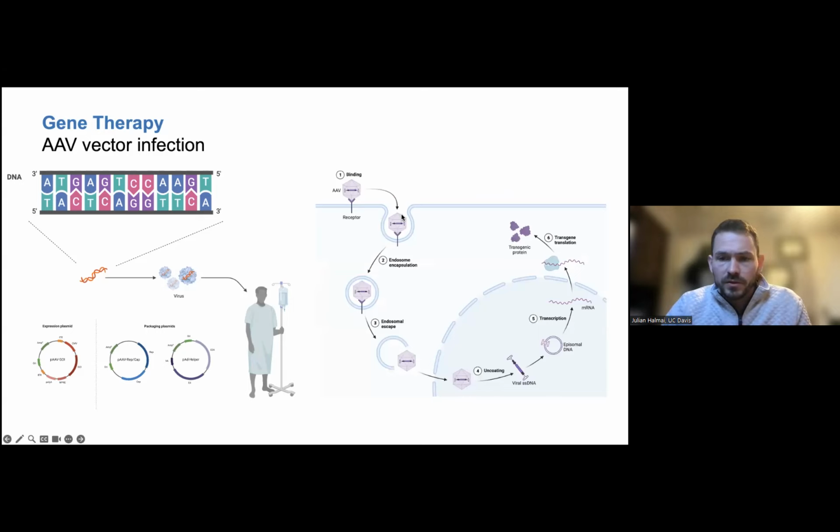This is just a little cartoon here that shows basically what the virus does. It recognizes a surface receptor on the cell, and then it releases its cargo through different steps, with the end goal to make messenger RNA, again similar to what you saw in the earlier cartoon, that then gets translated into proteins, and these will be transgenic proteins.